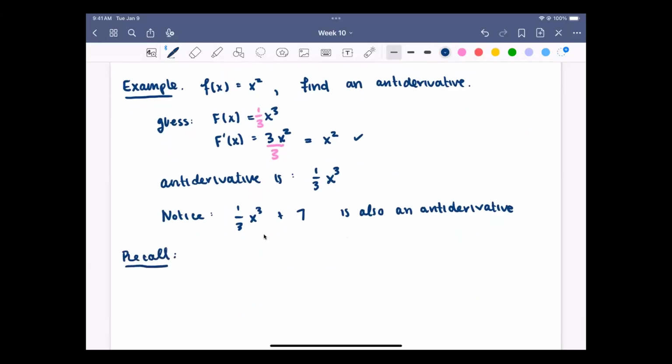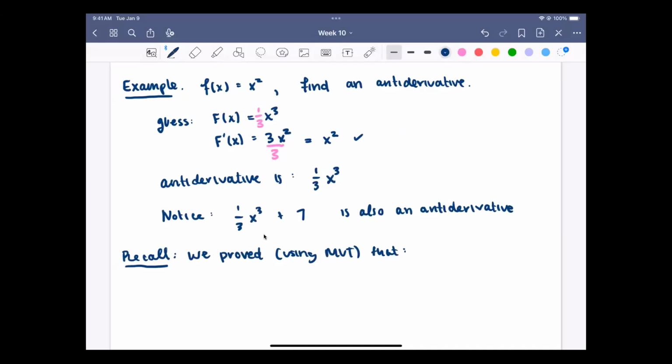We used the mean value theorem to prove a fact, which was that whenever two functions have the same derivative, they differ by a constant.